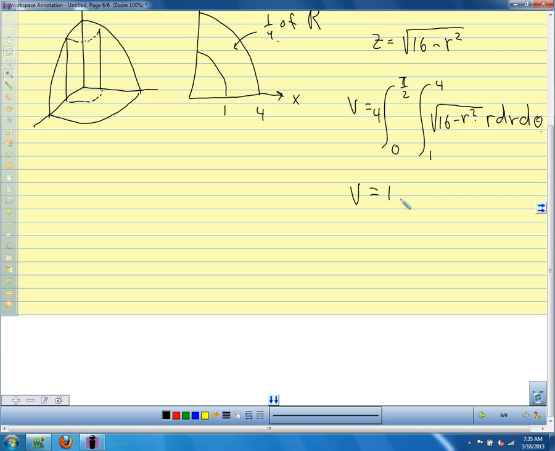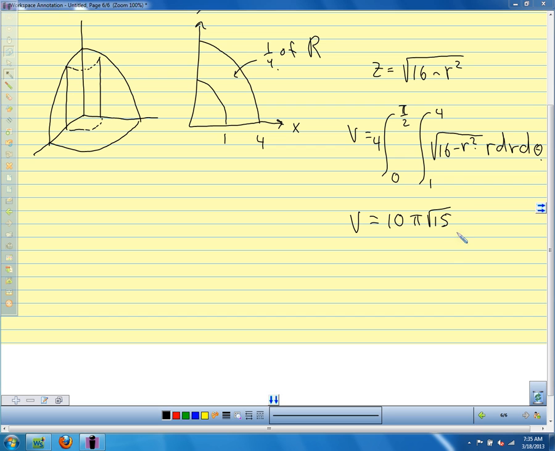It ends up being 10 pi square root 15. Nice integrals, not too difficult. Questions on that example?